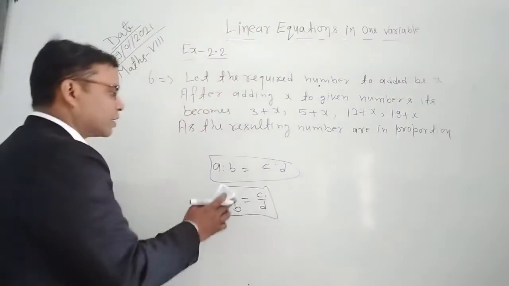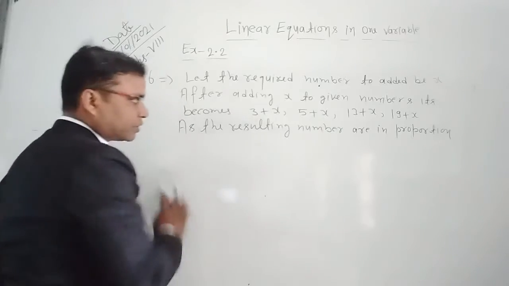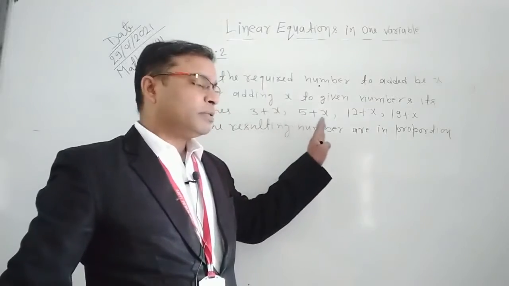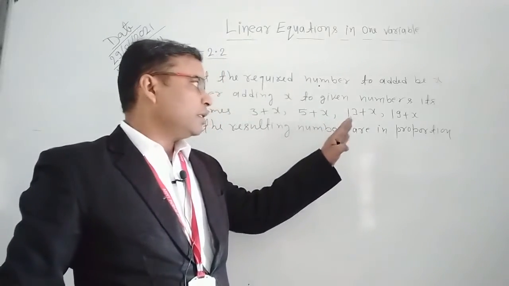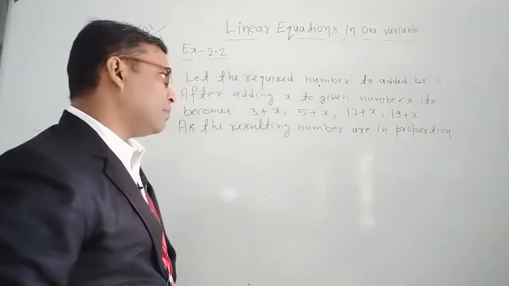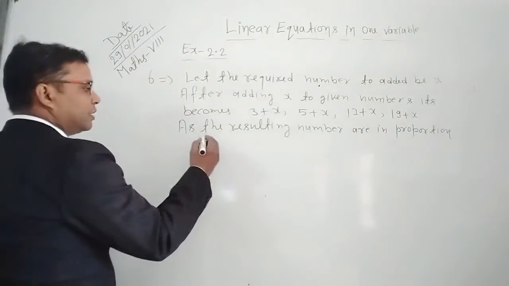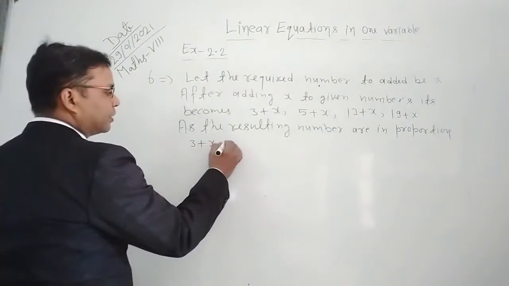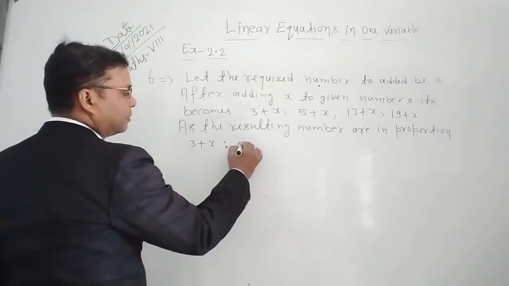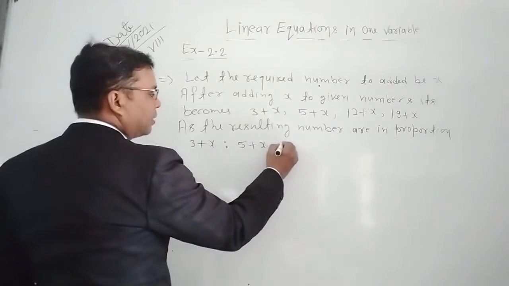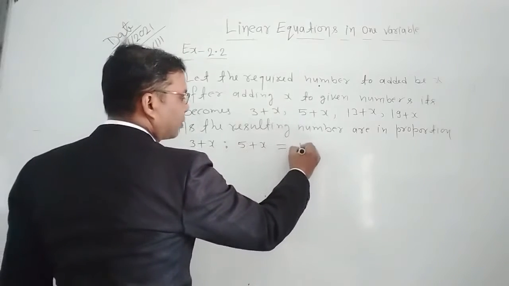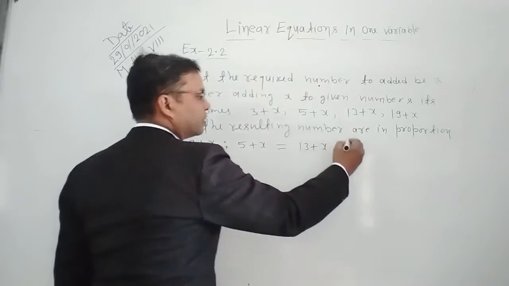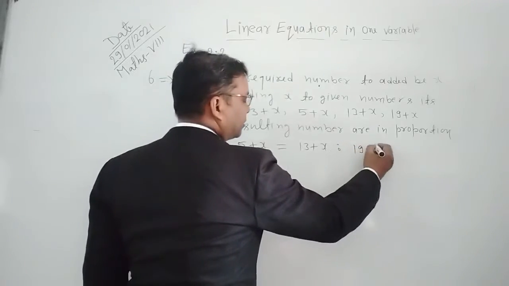Now, according to this, if you add x to 3, 5, 13, 19, they form a proportion. So you can write it as 3 plus x ratio 5 plus x is equal to 13 plus x ratio 19 plus x.